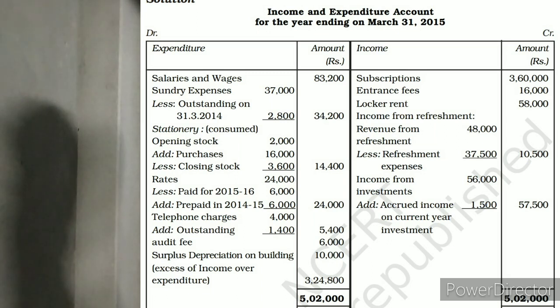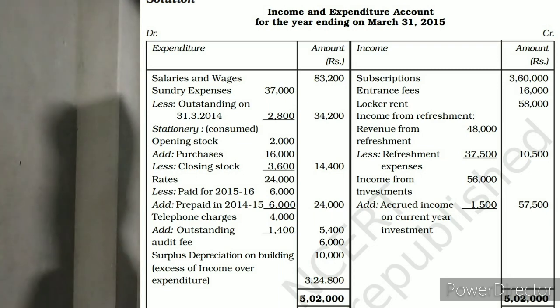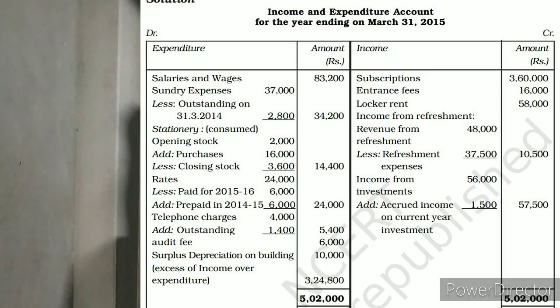Just see. You can see that in the income and expenditure account they are directly putting 3,60,000. Okay. The first adjustment. Got it? Then the next adjustment was related to rates.